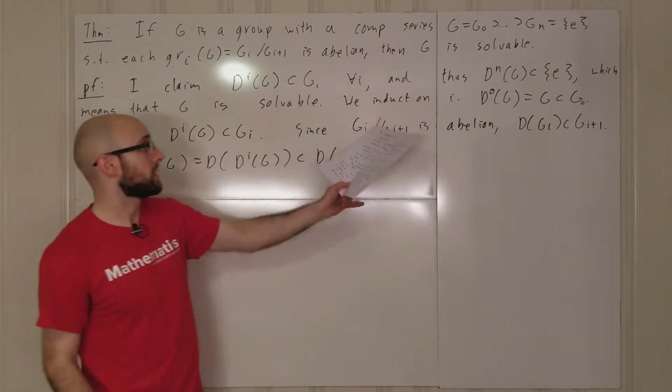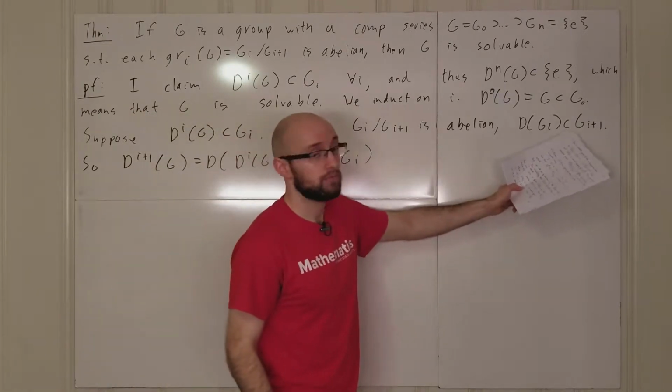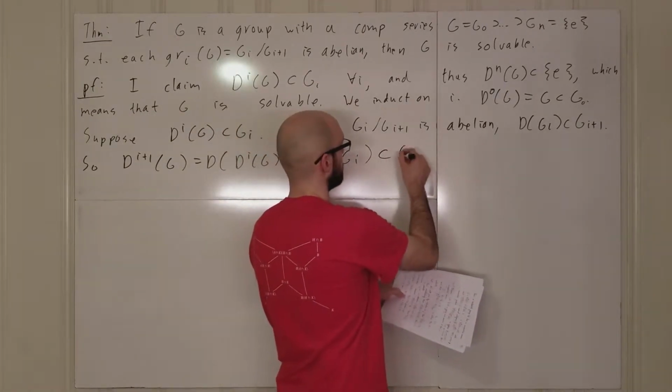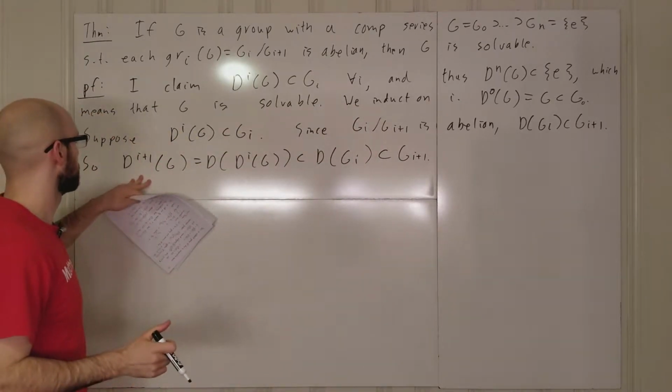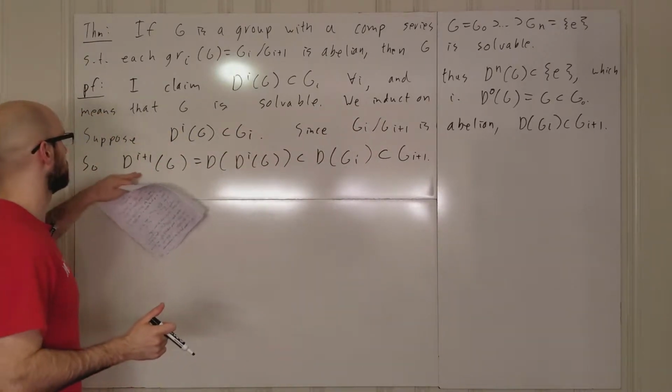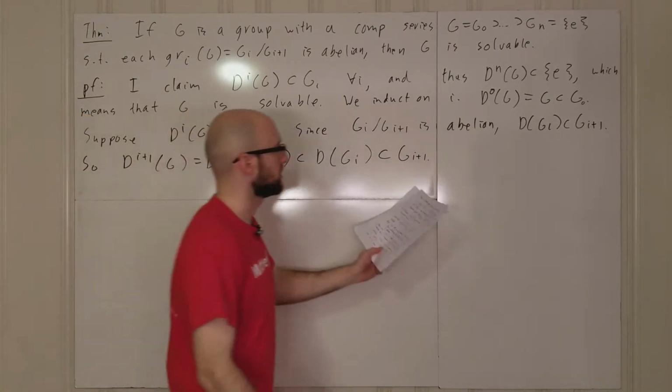Now we use the fact that this quotient is abelian, which gives us that this is in G_{i+1}. So D^{i+1} G is contained in G_{i+1}.